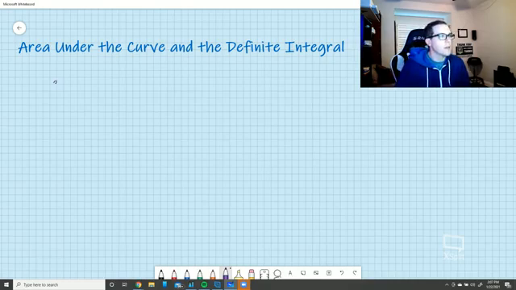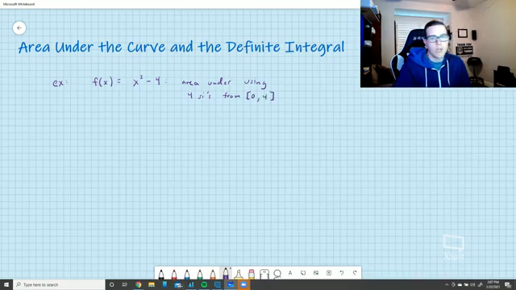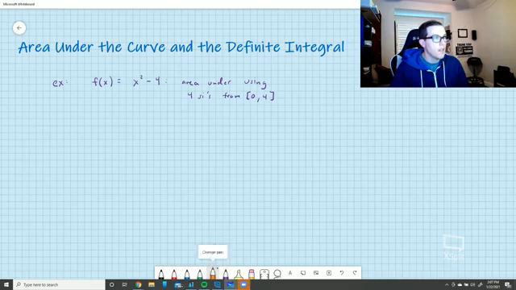So the first example I'm going to do is I'm going to give you this function, x squared minus 4. We're going to approximate the area under this curve using 4 subintervals from 0 to 4, because something's going to come up that we haven't talked about yet that we want to be aware of.